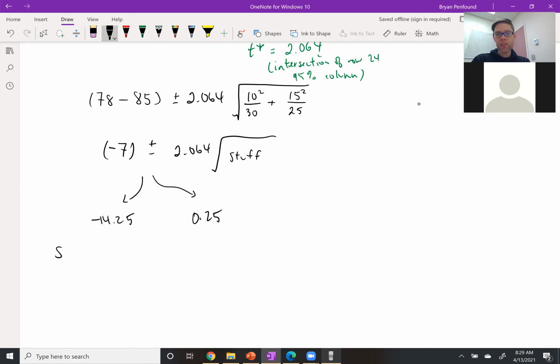So how do I interpret this interval? I interpret this interval as 95% of the time, I do expect the difference of the 2 averages to fall between -14.25 and 0.25.